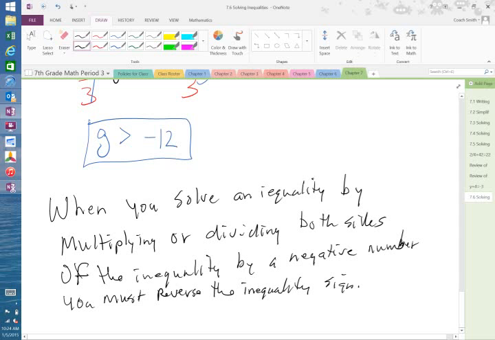Whoops, I left my n out of my inequality up there. When you solve an inequality by multiplying or dividing both sides of the inequality by a negative number, you must reverse the inequality sign.